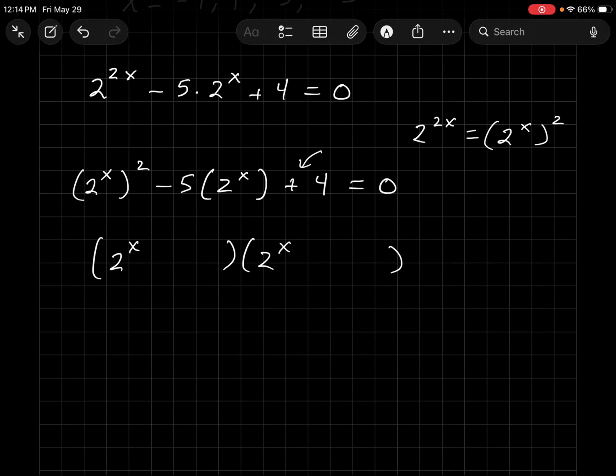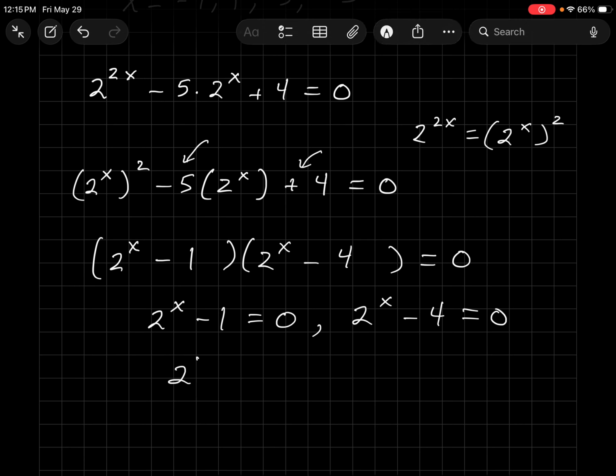I've got to multiply to positive 4 and then add to negative 5. So that will give me the correct factorization. And then we could say instead of x minus 1 equals 0, we could say 2 to the x minus 1 equals 0. And then 2 to the x minus 4 equals 0.